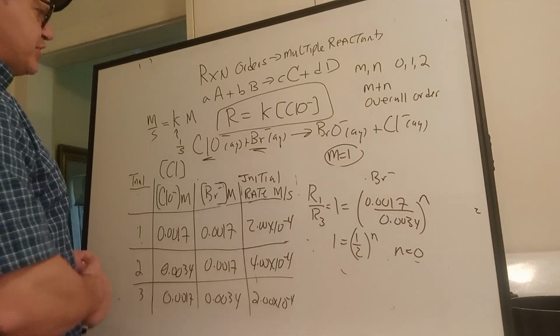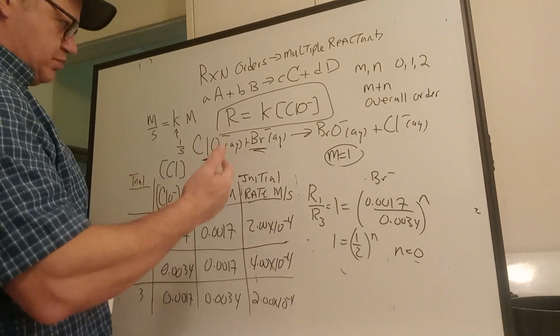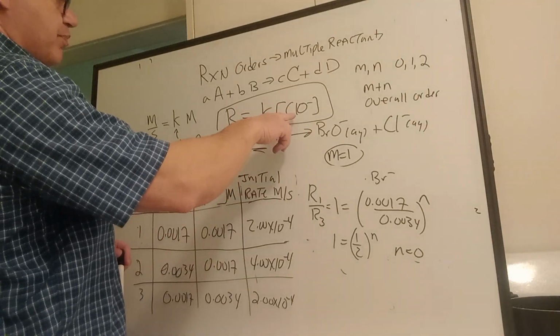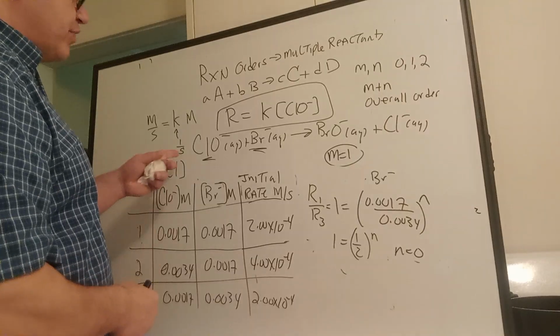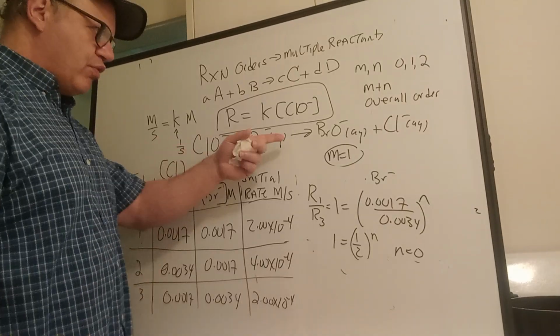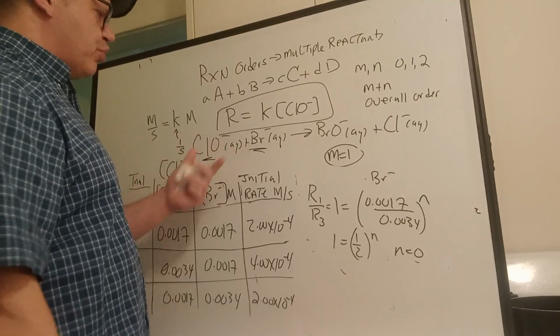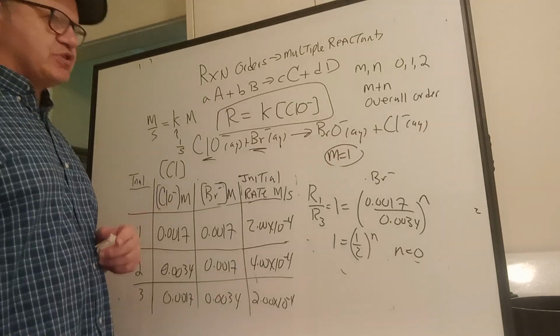One of the points here is that the stoichiometric coefficients on both species are 1, just to balance it out. We did end up with first order for the hypochlorite ion, but the bromide order is 0. There's no direct relationship between the overall reaction's stoichiometric coefficients, which are both 1 in this case, and the orders. By coincidence, it's the same here, but that's not a rule.